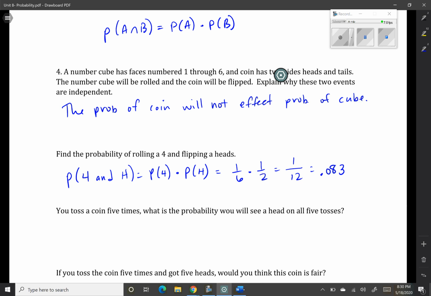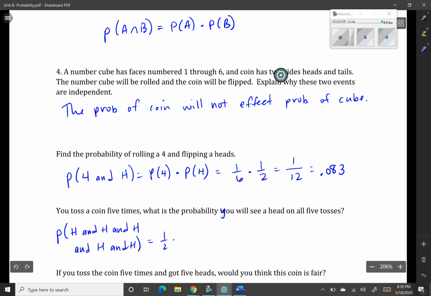It then says you toss a coin 5 times. What is the probability that you will see a head on all 5 tosses? So that is the probability of heads and heads and heads and heads and heads. So I do the probability of heads times the probability of heads, 5 times.